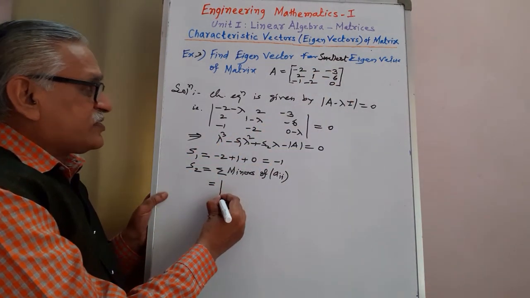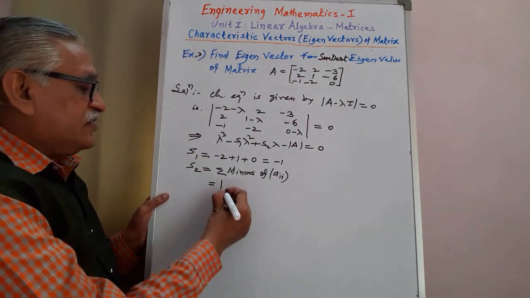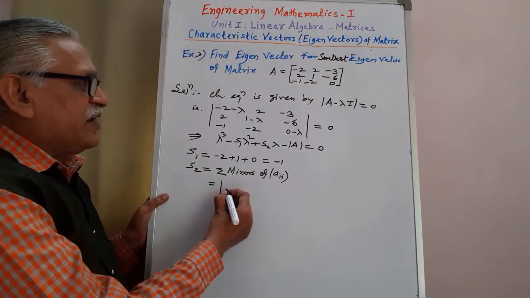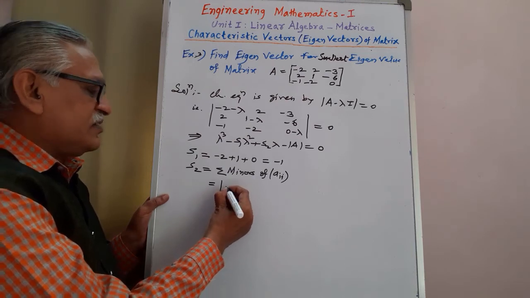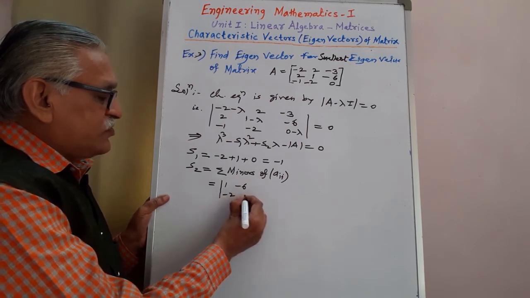The minor for the first diagonal element, neglecting the row and the column containing it, is the determinant of the remaining elements: 1, minus 6, minus 2, 0.